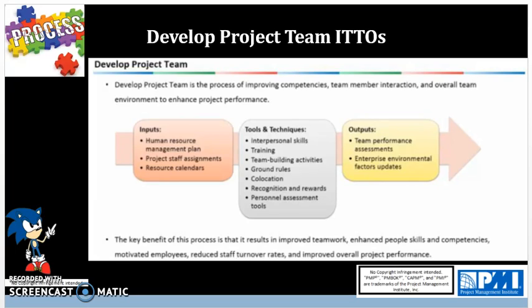For tools, we have interpersonal skills. This is nothing but soft skills, and it includes communication skills where project managers spend 90% of their time communicating. Also, emotional intelligence. Need to have self-control over our emotions during meetings or any tense issues that might arise.